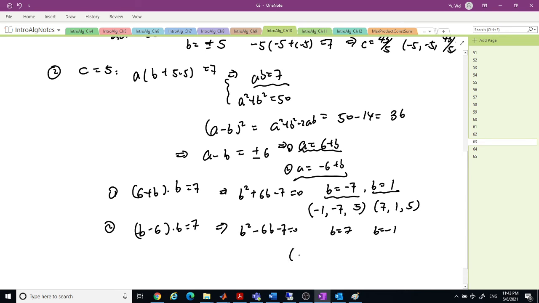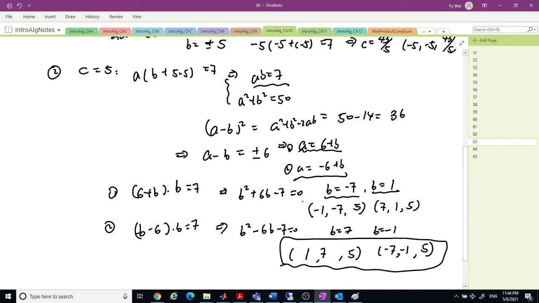So if B equals 7, A equals 1 and 5. Then B equals -1, A equals -7, and then here is 5. Okay, so these are all the solutions.